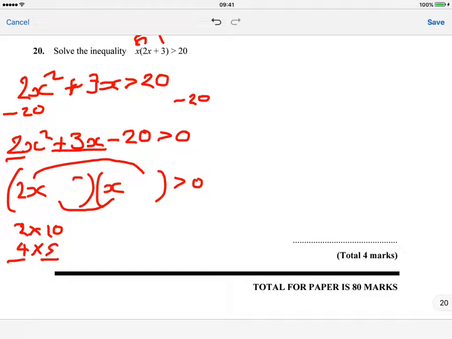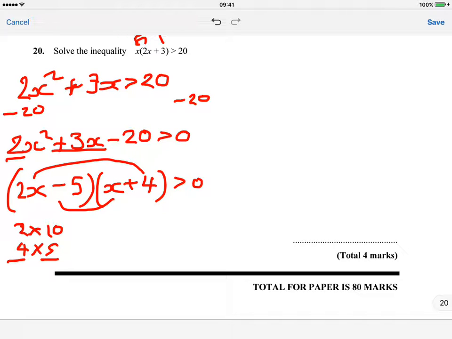So the 5 is going to be placed here, so that x times 5 will make 5x, and the 4 here to make the 8x, and I want a positive 3 answer. So I'm going to start with a positive 8x to do 2x times the 4, and then I'm going to subtract that 5x to get the plus 3x that is required.